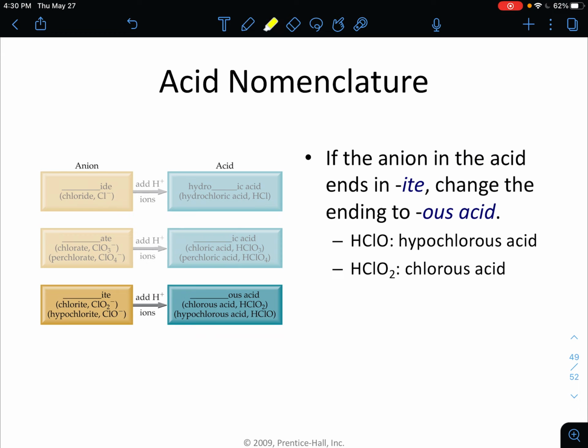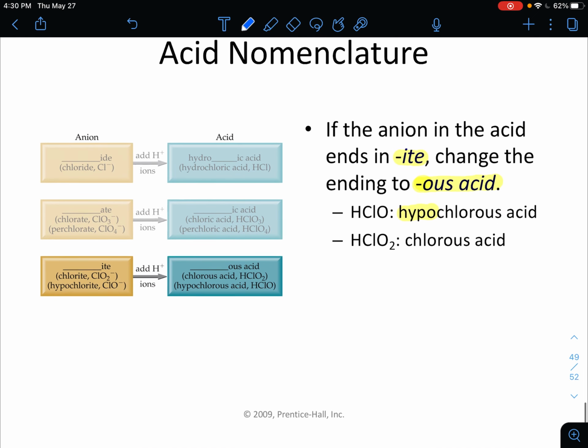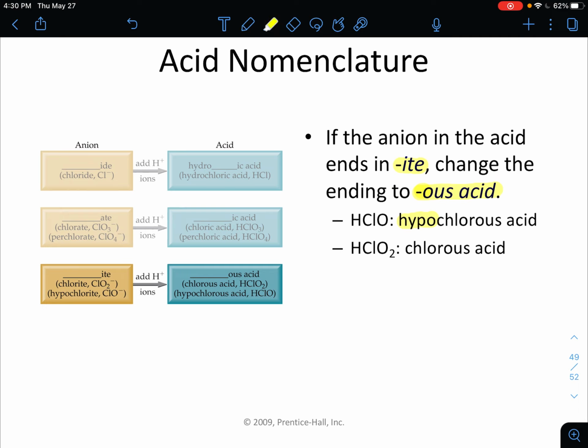Now we saw that if we had two oxygens or one oxygen, the ending would be ITE. So the ATE ending gives us ic acid. The ITE ending gives us OUS acid. So if I have a prefix like hypo, it just carries over to the name of the acid. And that was true here as well, right? If I had the prefix like per, I carry it over to the acid name as well. And if I don't, if it's just the one oxygen down from the parent, then it's just chlorous acid.